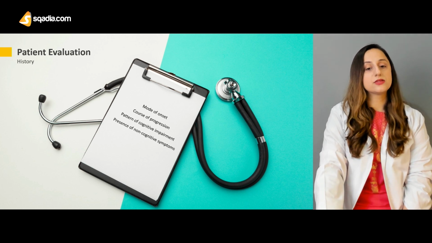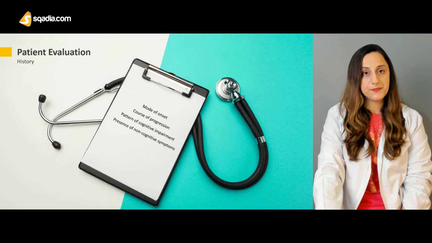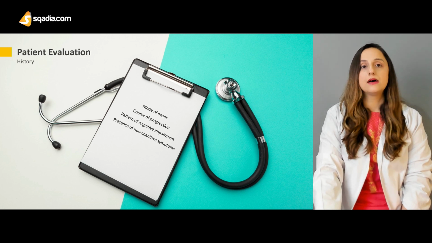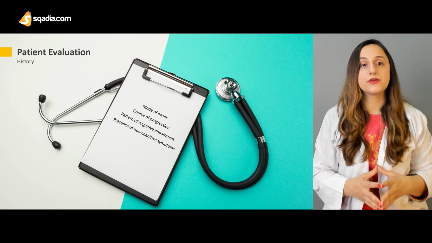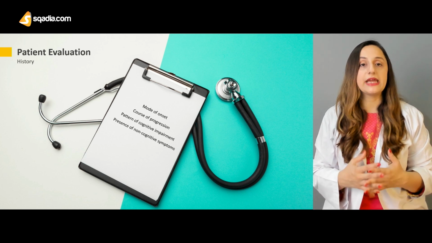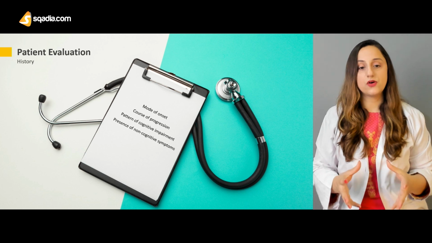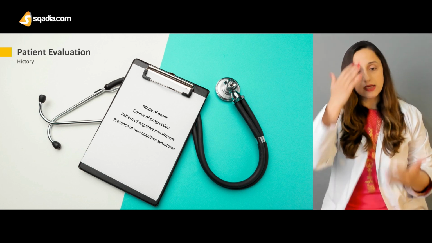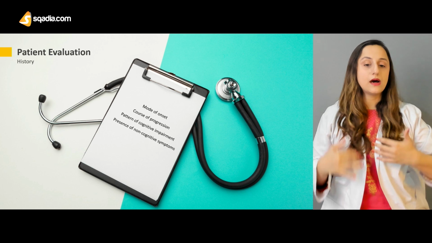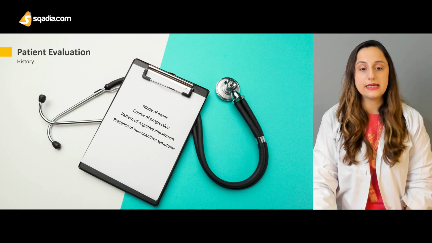Sometimes there is a presence of non-cognitive symptoms as well. The thought processes are fine, the patient is not even suffering from any kind of hallucinations, delusions, or any of these cognitive disorders. Rather, there is the presence of non-cognitive symptoms that the patient has.